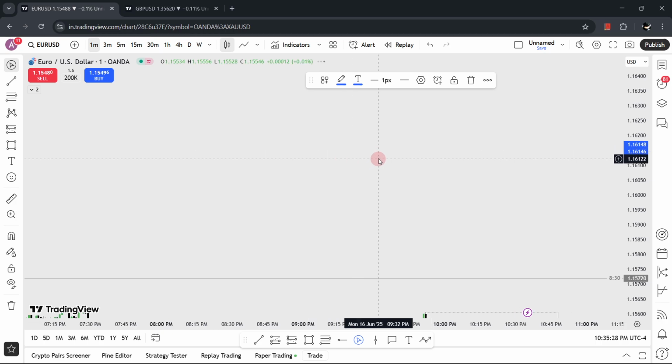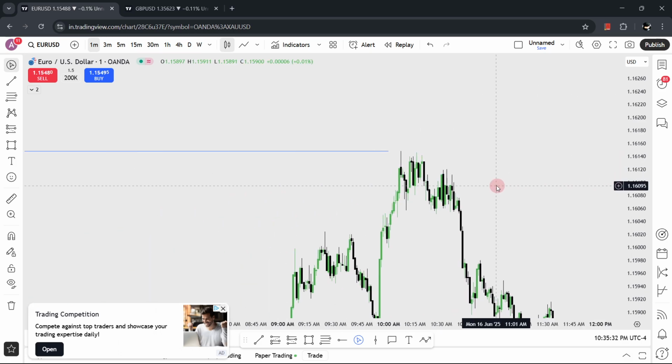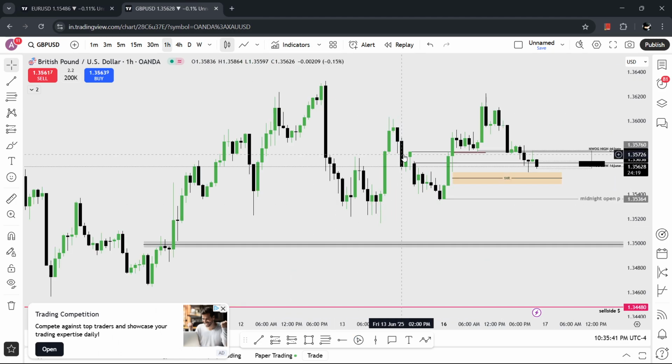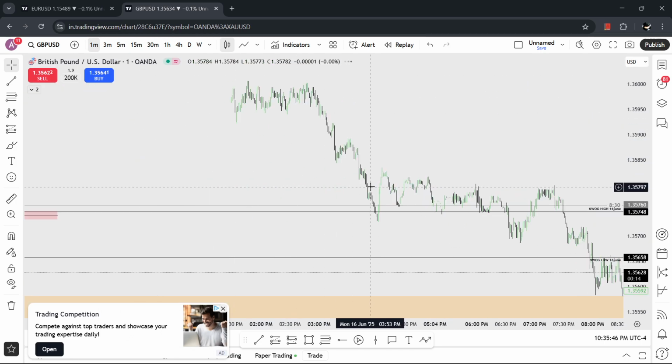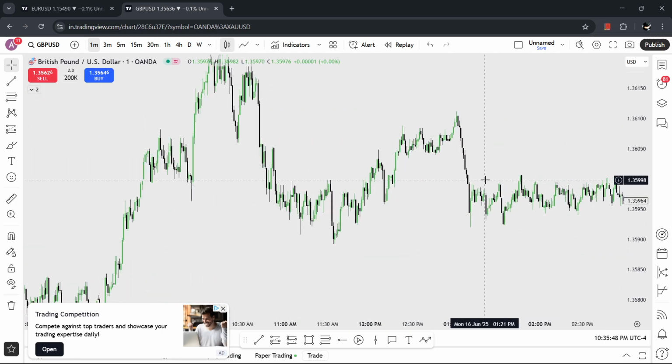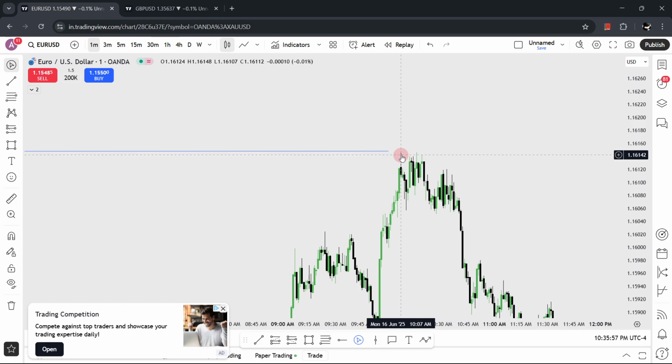And going to 1 minute, you still have no structure shift because there is no candle close below this. Okay, but in GU, I think there is something. Okay, you have this low taken out here. You have this guy that is 10:07 a.m. No SMT or something like that.